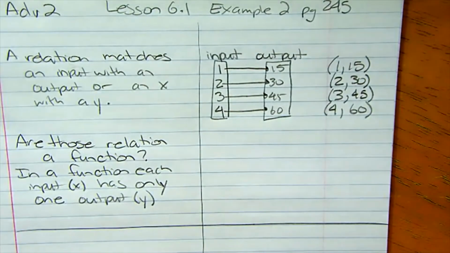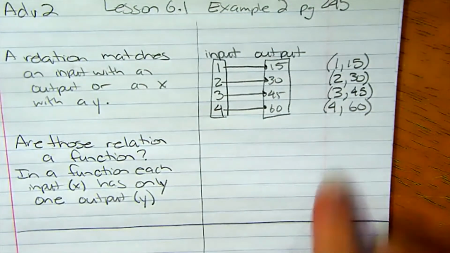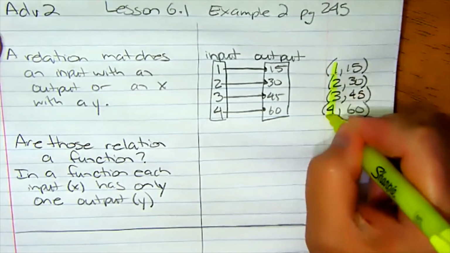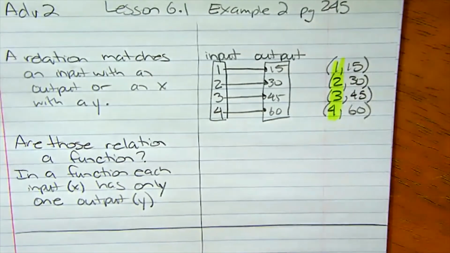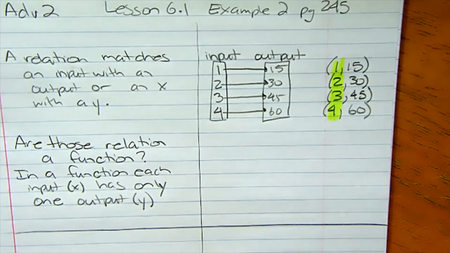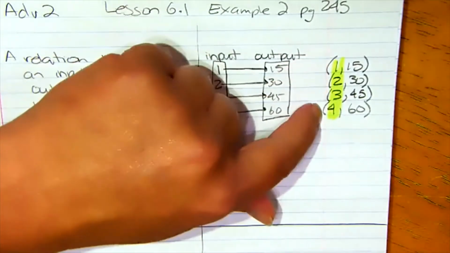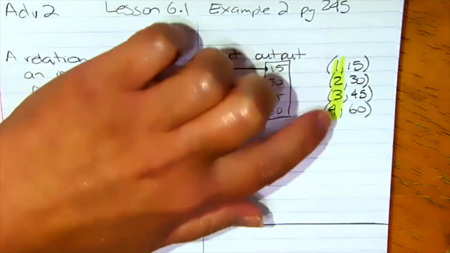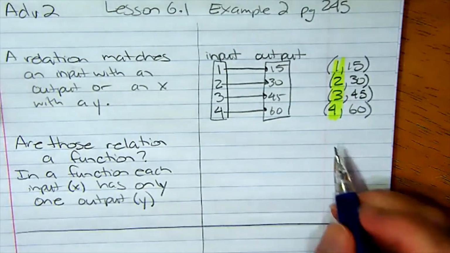Okay, so in a function, each input has only one output. So I need to look at just my inputs. Those are my inputs. Do I have any repeating or duplicate inputs? Do I have a number that repeats itself? 1, 2, 3, 4. I do not.